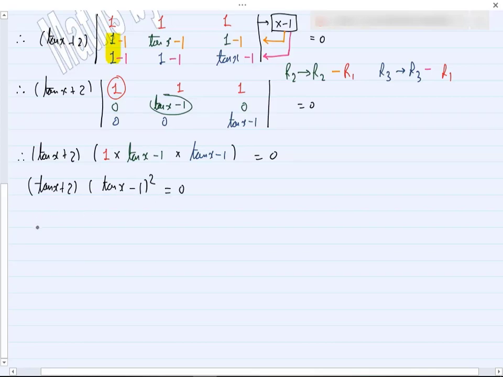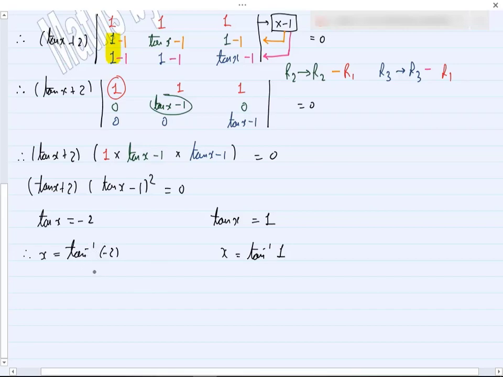So here we get tan x is equal to minus 2 and tan x is equal to plus 1, or we can say x is equal to tan inverse of minus 2 and x is equal to tan inverse of 1.